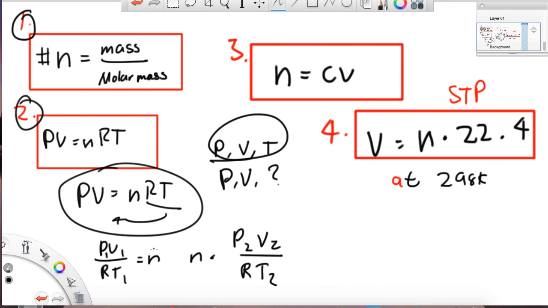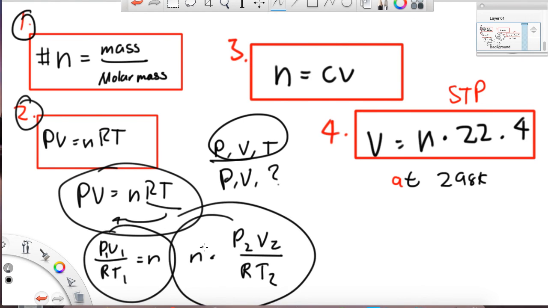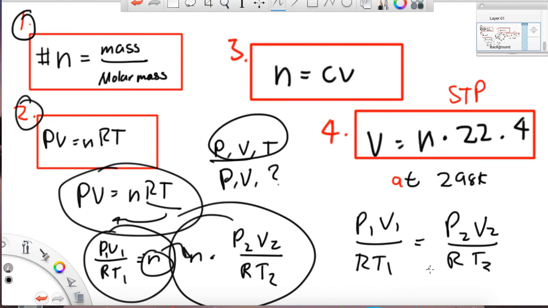The number of moles before and after remains the same because you did not add anything. You only increased the pressure. So then you can substitute this formula for this one. You could substitute n for this n over here. You could substitute all the information in. Straight away you could cancel the R, which is 8.31. And just solve for what they ask you.